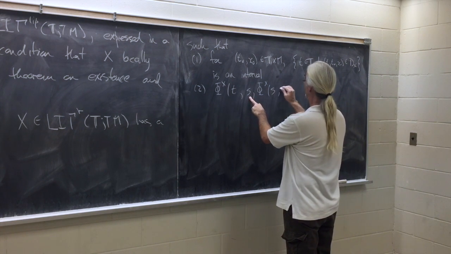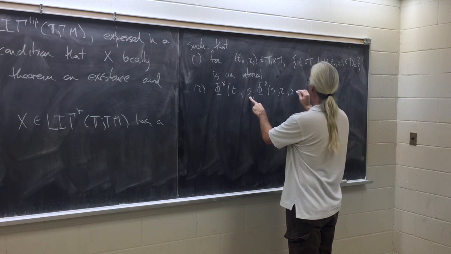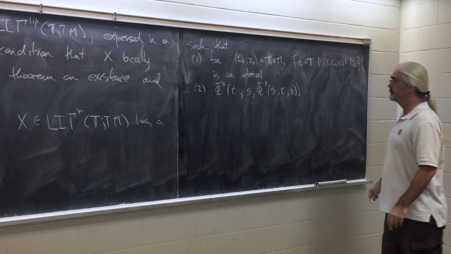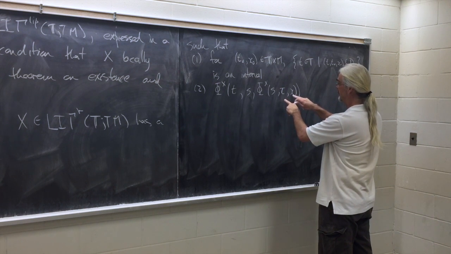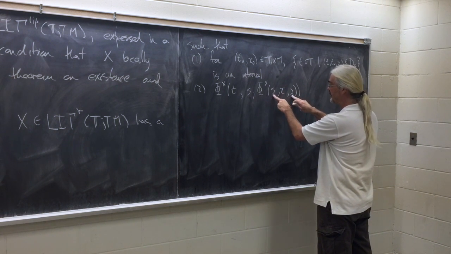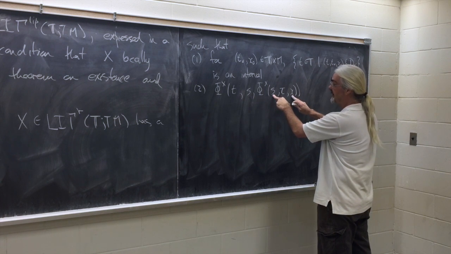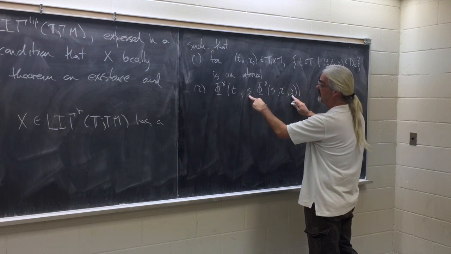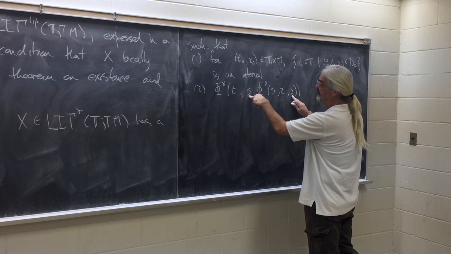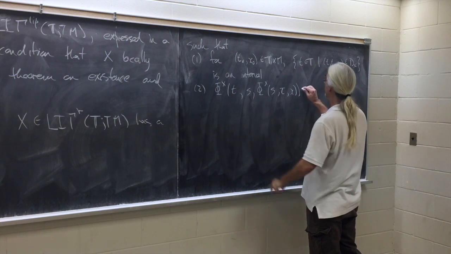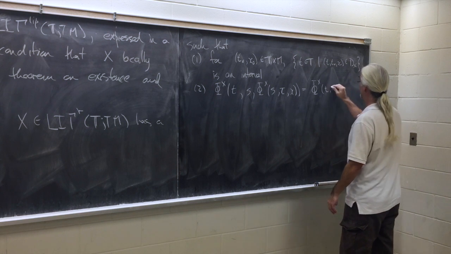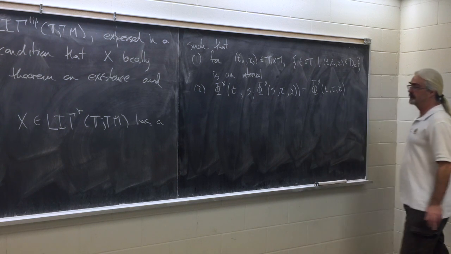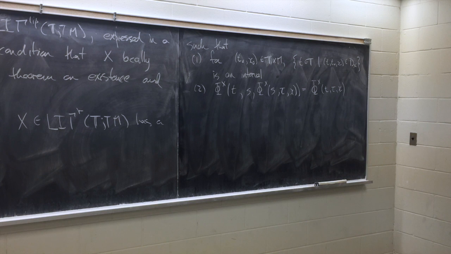So s, and then tau, and then x. This is flowing from the initial state x at initial time tau to final time s, and then I do it again from initial time s to final time t, and this is, if I didn't mess it up, that.